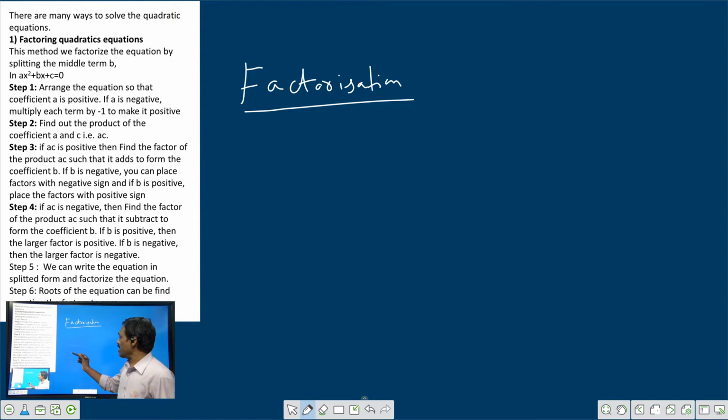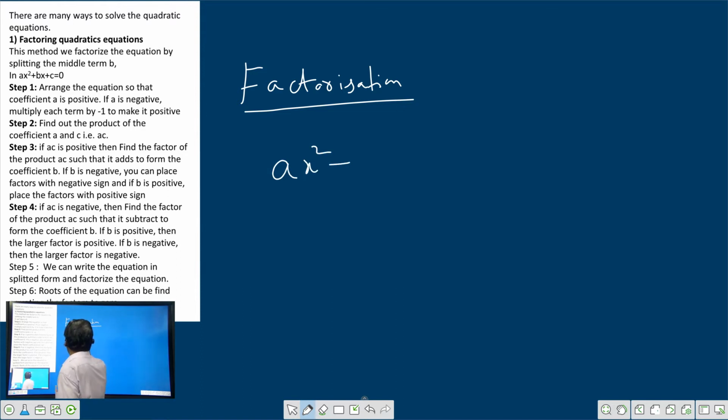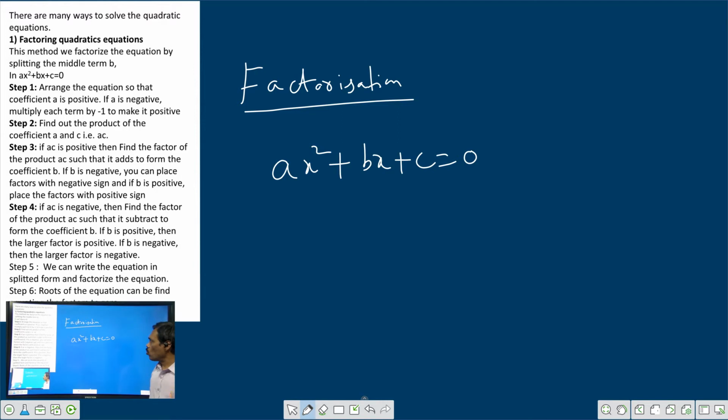A quadratic equation is a second degree equation, and this is the general form. To know the values of the roots of the quadratic equation, we do this. What is meant by root? The one which satisfies the given equation is called a root of the quadratic equation. If this quadratic equation is given to you, finding the values of x is nothing but finding the roots.